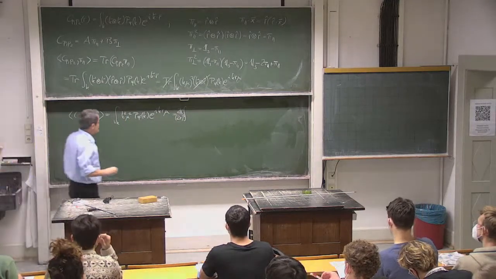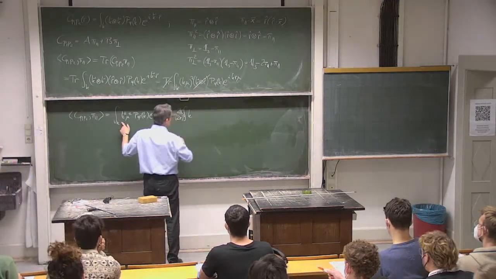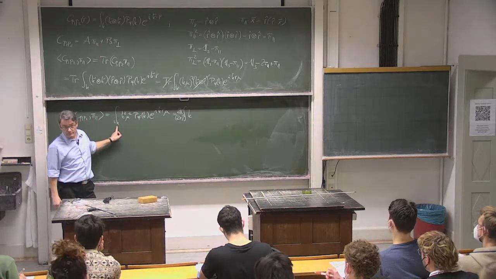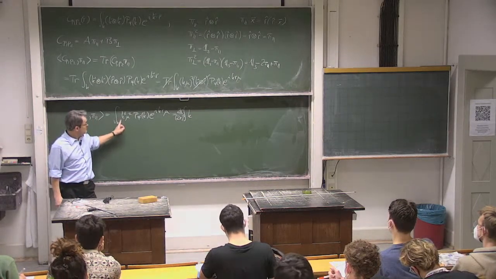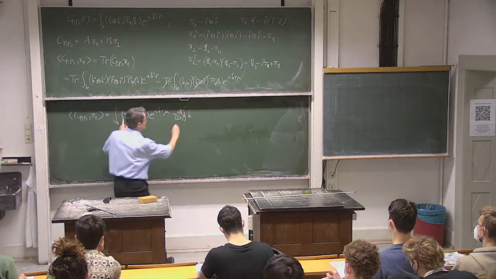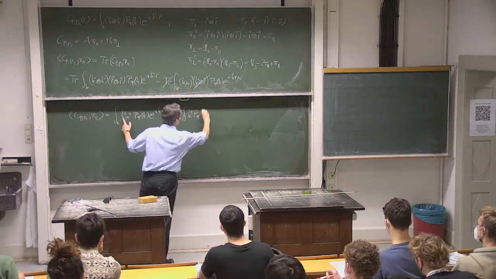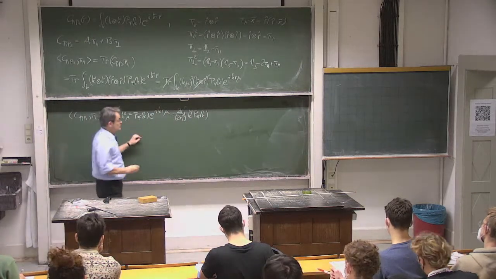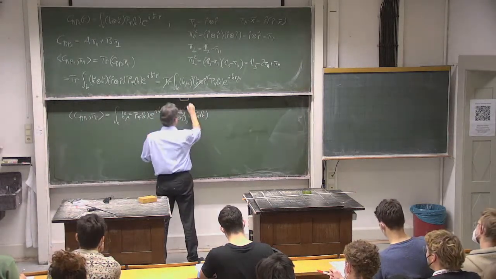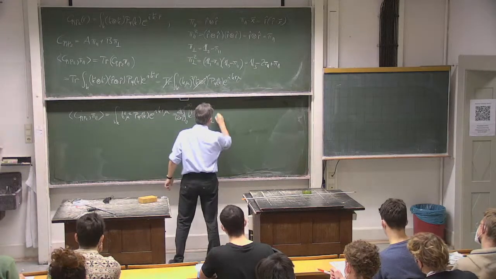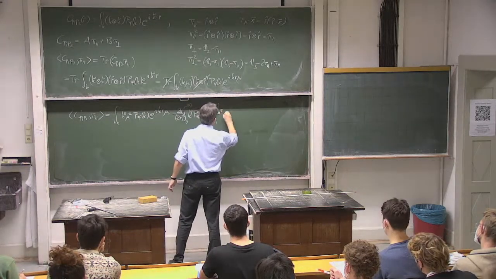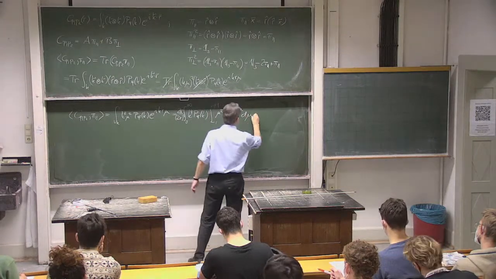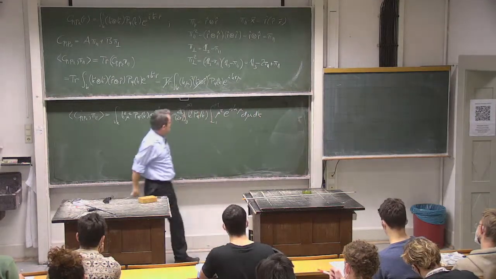Okay, what remains is K squared from the volume element in polar coordinates times K squared from here. Then we have a mu squared times a function of mu. So we have this integral left.